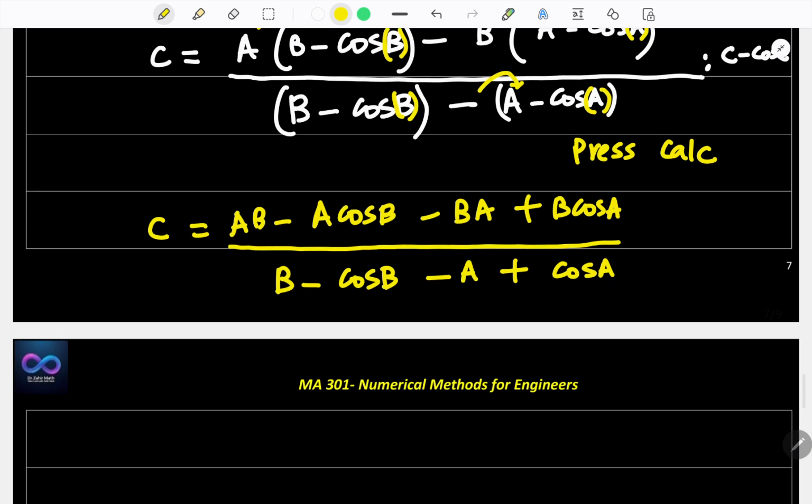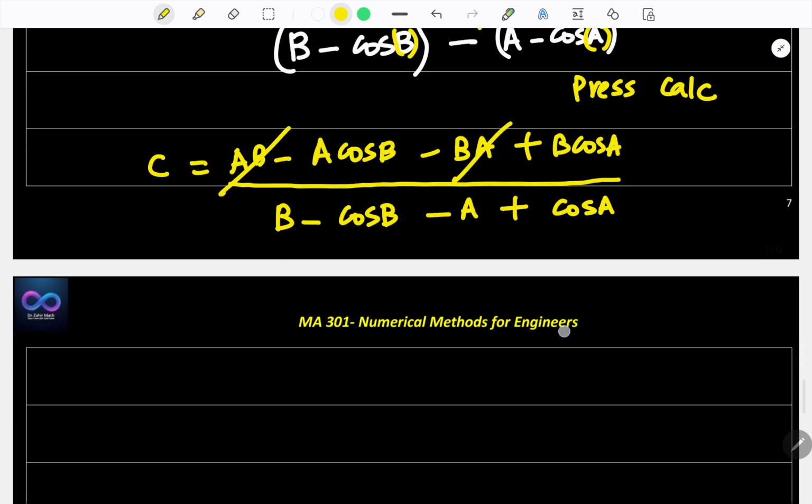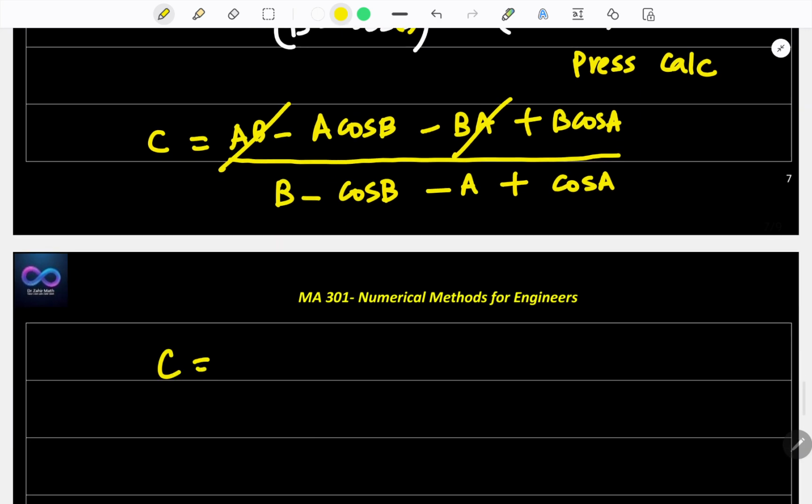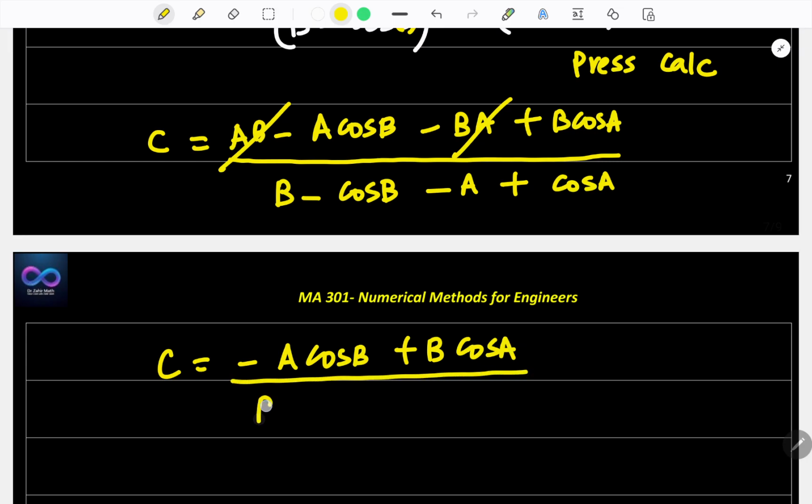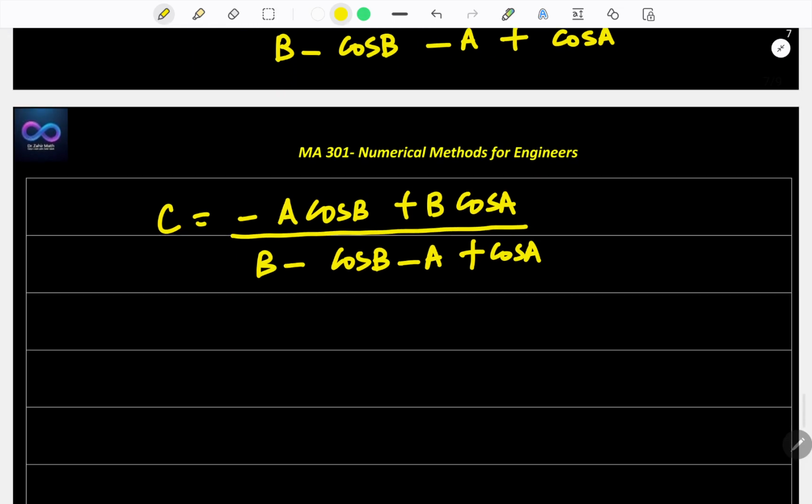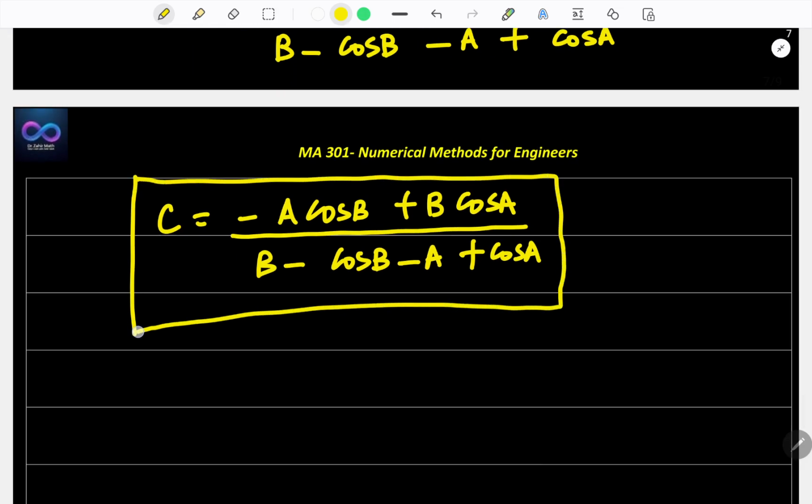So what happens now? AB gets cancelled. So C is equal to now minus A cosine B, right? And then plus B cosine A, right? Divided by B minus cosine B minus A plus cosine A semicolon. Okay, this is the formula. Now, this is C value. I just simplified a small step, not too many steps, okay?